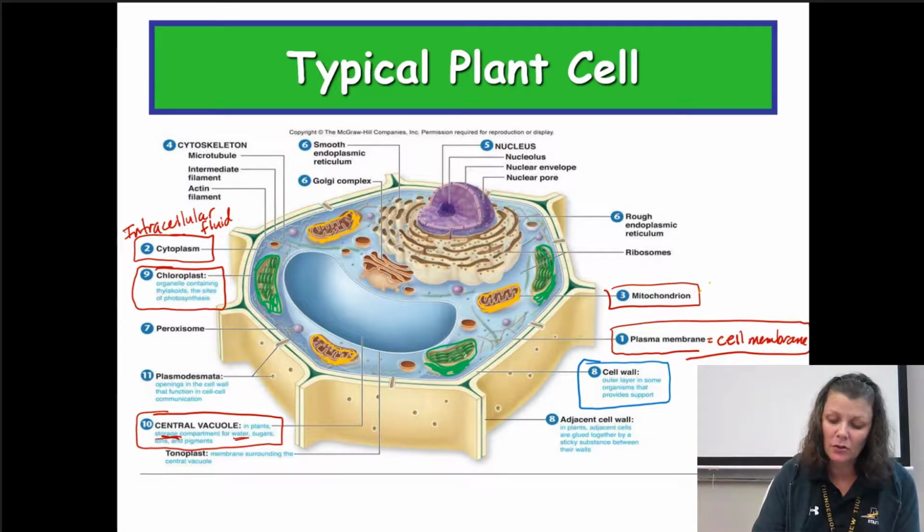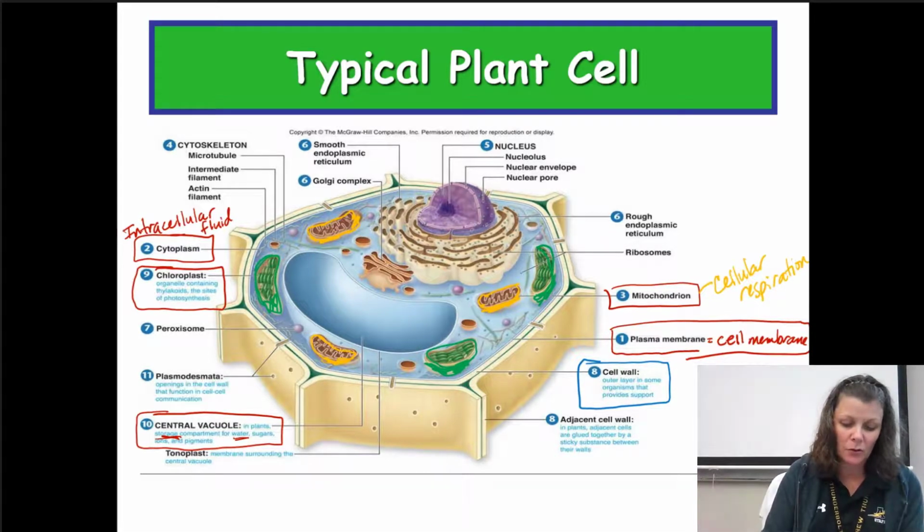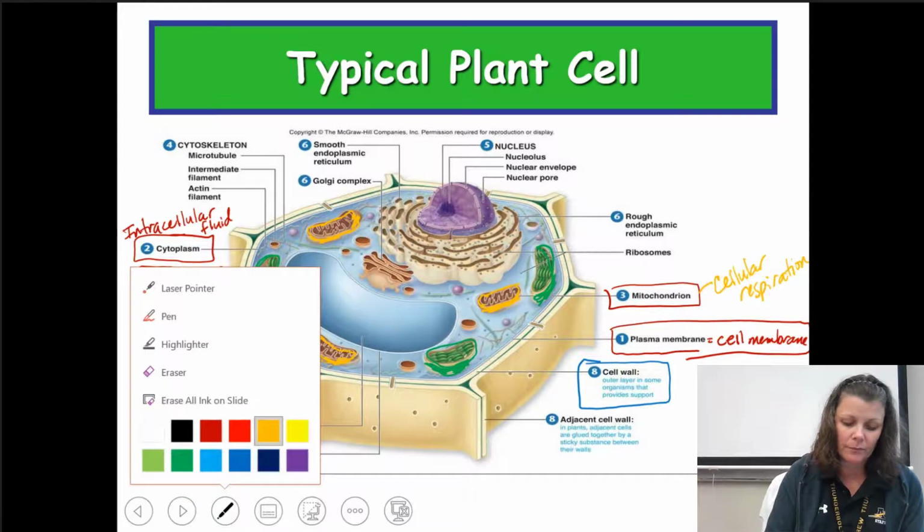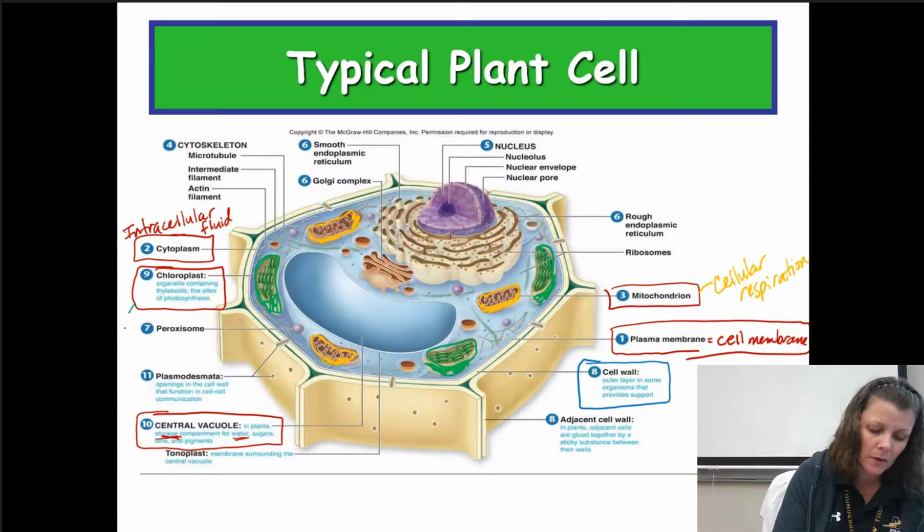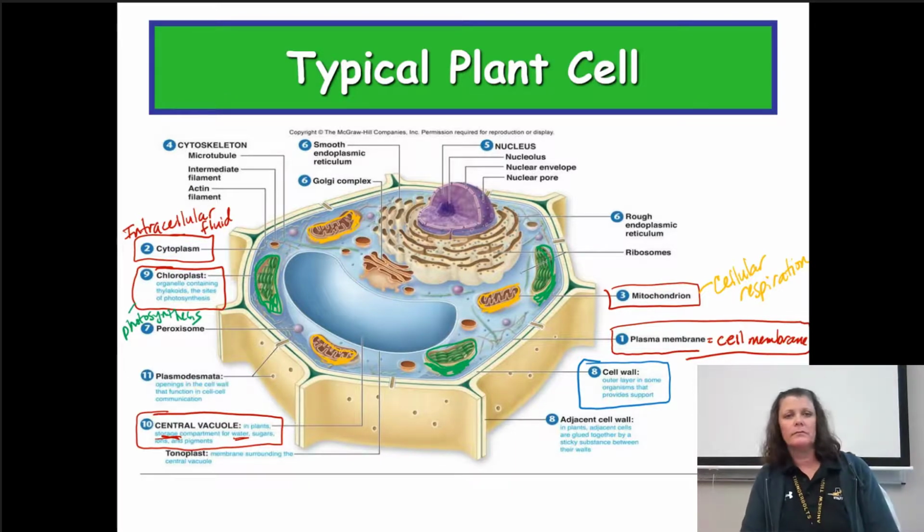The mitochondrion is going to be responsible for doing something called cellular respiration, whereas our chloroplast is going to be involved in photosynthesis. Which is why they're important for us.